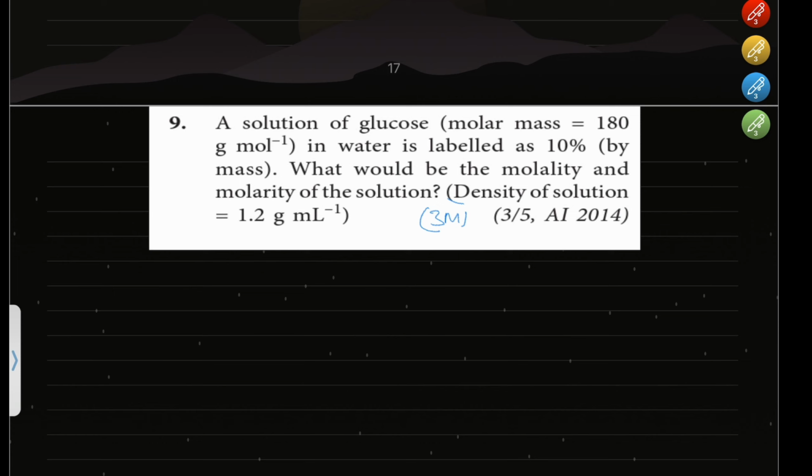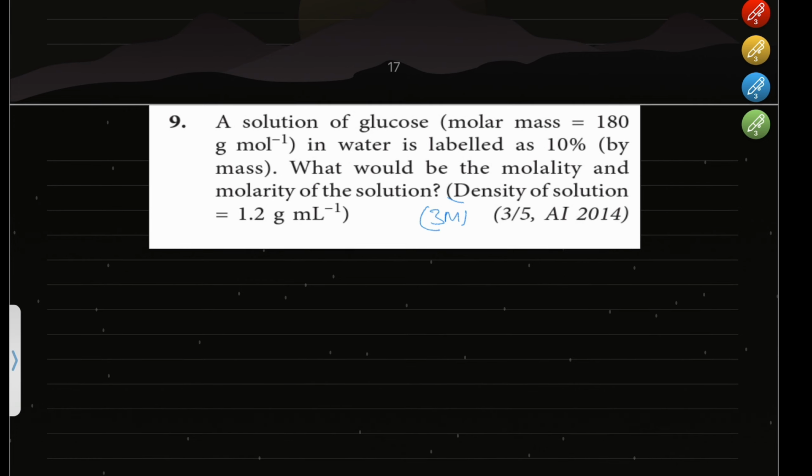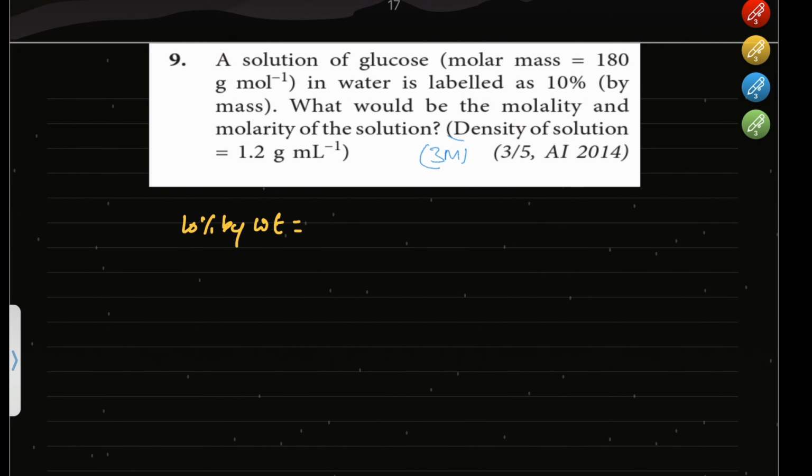So for molality we don't have a ready-made formula, then we have to calculate the molarity by basics, and then we can apply the formula between the molality and molarity and find out the molality. Given is 10% by weight.